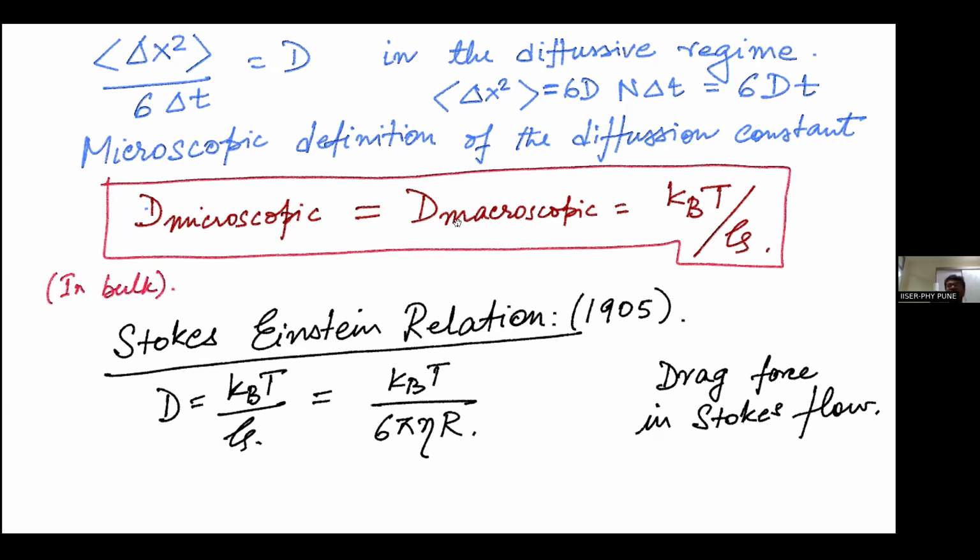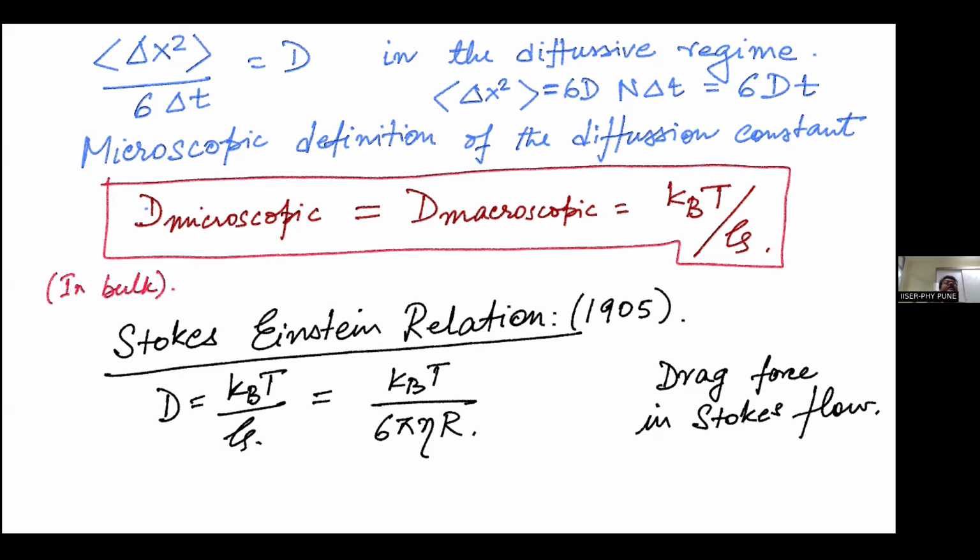And this is what is used in so many things. How do you know the size of a protein and so on? They do something more, but what is going on is this Stokes-Einstein relationship, zeta equals 6 pi eta r.